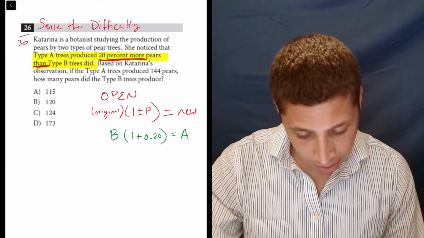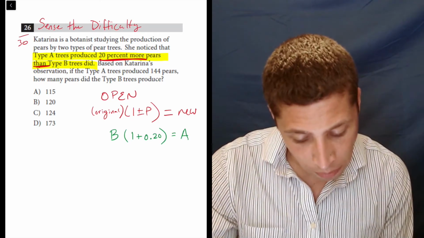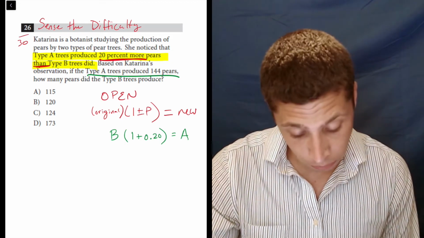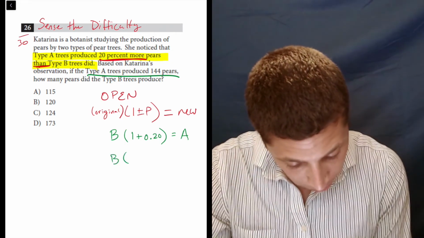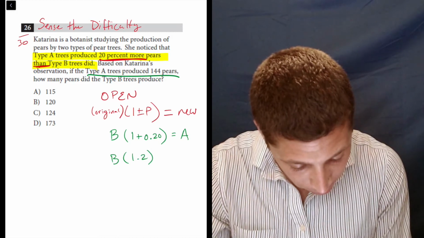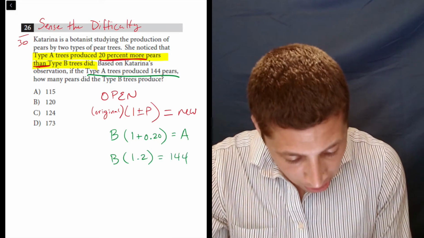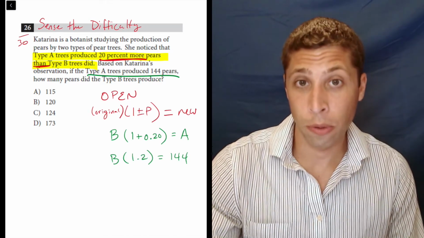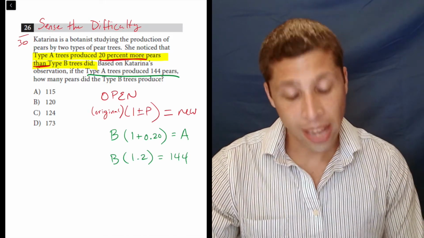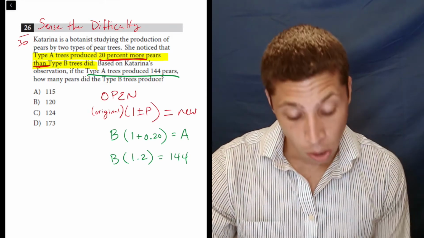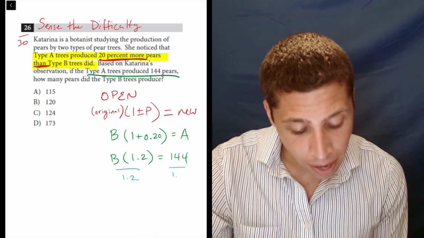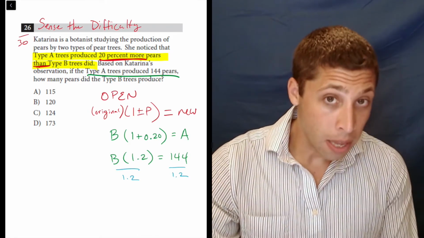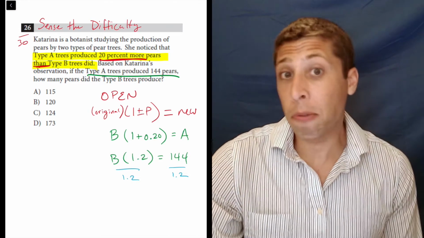And so let's simplify here. We do have a value for A. It's 144. So we can start to do some simplification. This is going to be 1.2. And now this is the big twist, the one that the SAT loves to use when they deal with percentages, is that instead of multiplying, we're going to solve by dividing. Now you'll see that the formula still involves multiplication.